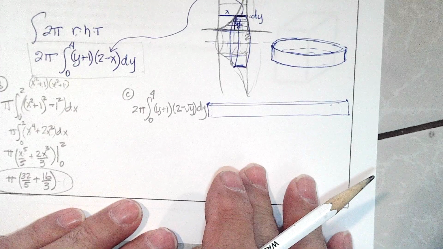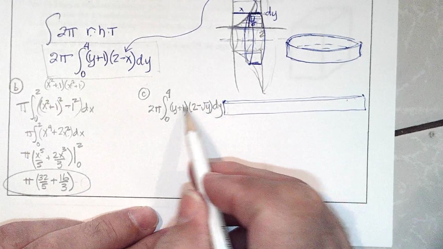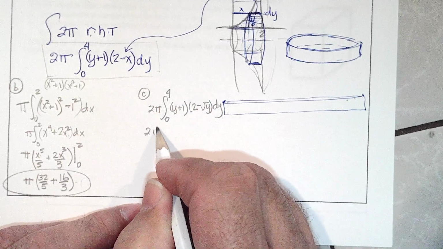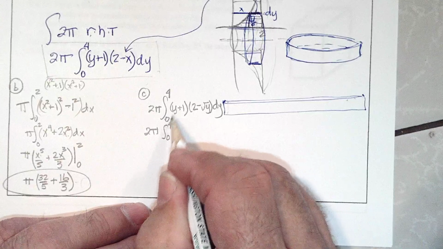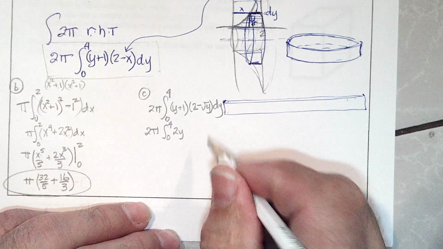Now let's do this one. So these need to be multiplied, so I'm going to get 2 pi integral 0 to 4. Y times 2 is 2y.